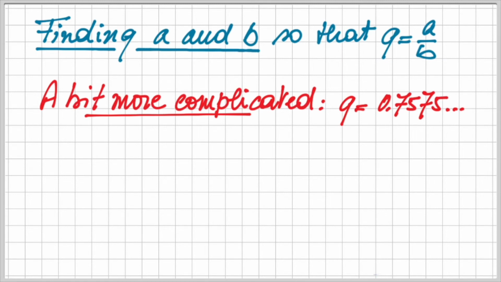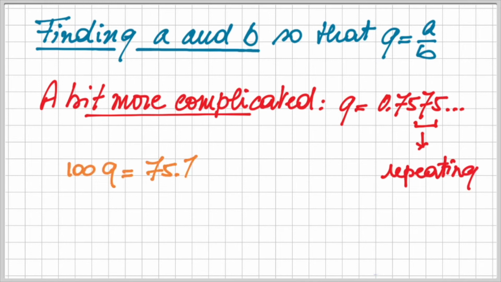Since we have two repeating decimals and we want to move the point just behind the first set of repeating decimals, we have to multiply here with 100. When we multiply with 100, we find 100 times q is 75.75, and so on. And we see that the repeating decimals are the same as the repeating decimals of q.